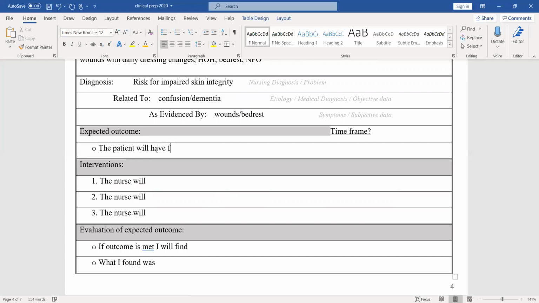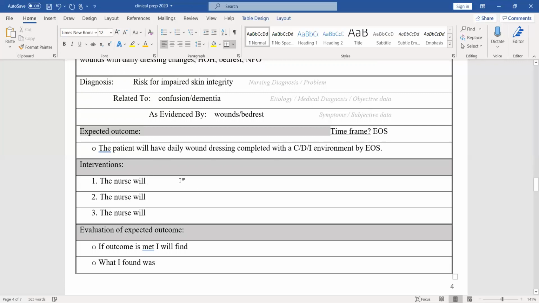will have daily wound dressing completed with a clean, dry, intact environment by end of shift. So time frame would be end of shift.